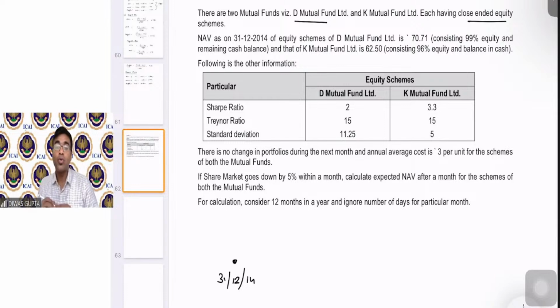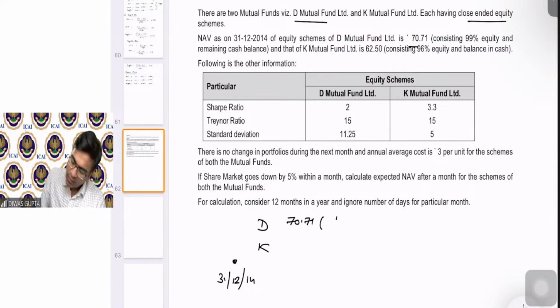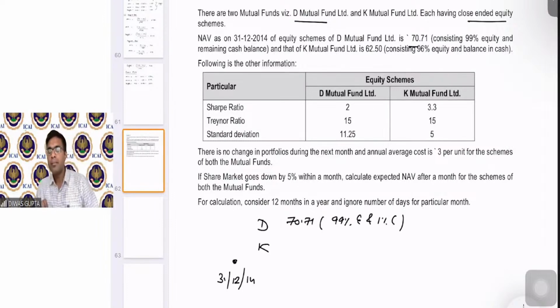This is again a very good question because it is a mix of mutual fund and portfolio. NAV as on 31st December 2014 of D and K. So for D, it is 70.71, 99% equity, and 1% cash. Okay.